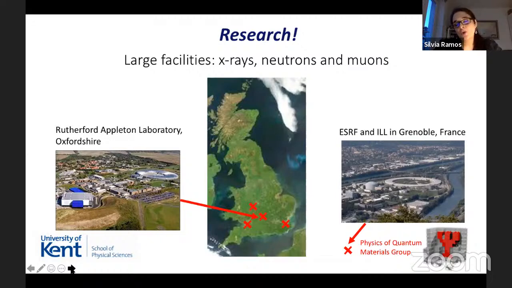So I have worked mostly in 2 of them. One of them is actually in Grenoble, which is the second time that appears today. I realized in France, that's the European synchrotron, and they also have a big neutron source there called the ESRF and the ILL.